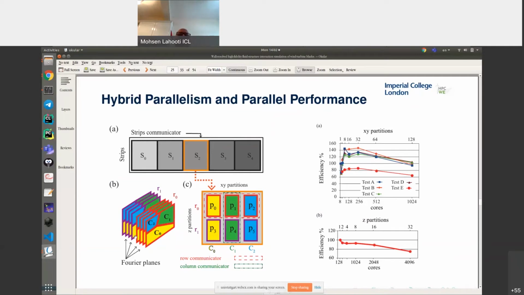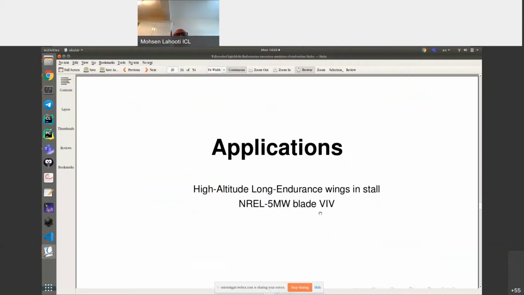This gives us flexibility for more efficient use of the resources available for the simulation. The scaling tests show very good efficiency for both domain decomposition and partitioning over the Fourier plane, and the code is highly scalable.